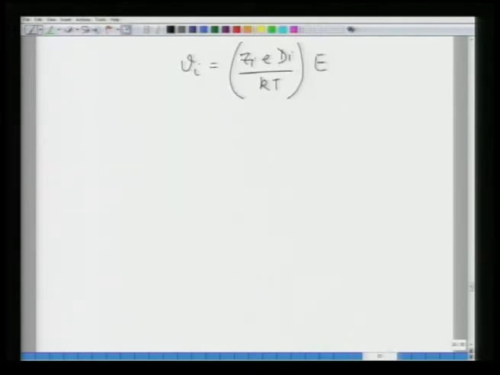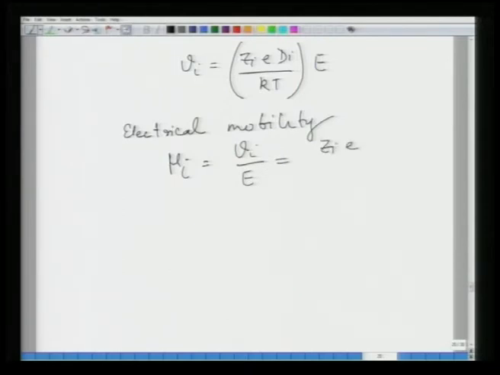So, this is basically a trick I have used to get an equation for Vi with respect to E with some proportionality constant. If you remember, electrical mobility is defined as mu i equal to Vi divided by the electrical field, which is nothing but Zi e Di divided by kT, and its units are centimeter square per volt second.